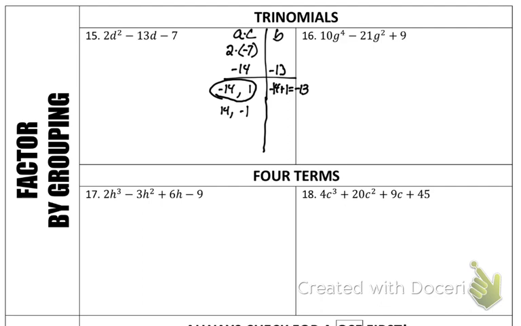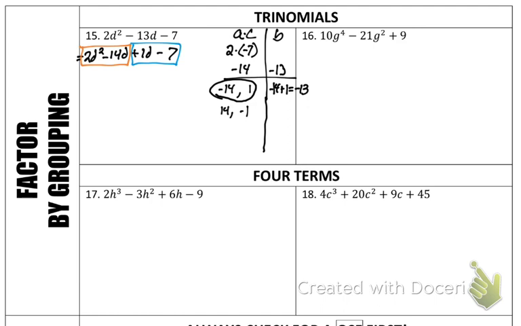So we're going to have 2d squared minus 14d plus 1d, or we can just write d. It's up to you. Then minus 7. Factor by grouping says look at these as a binomial plus a binomial and factor out the biggest thing you can out of both those binomials.